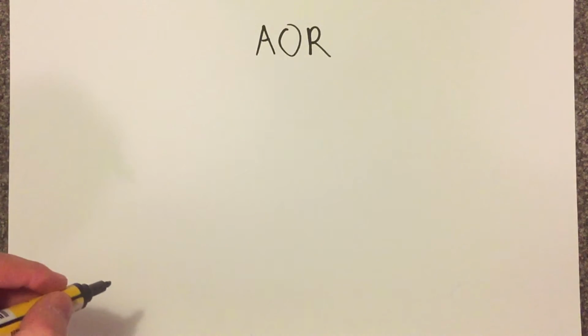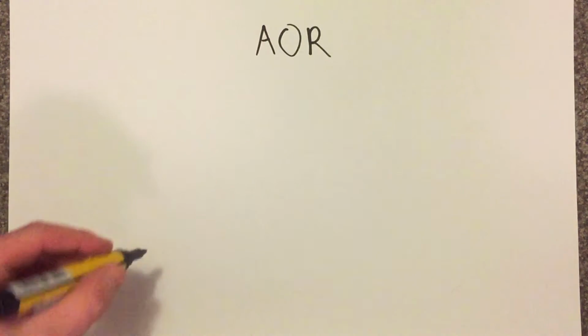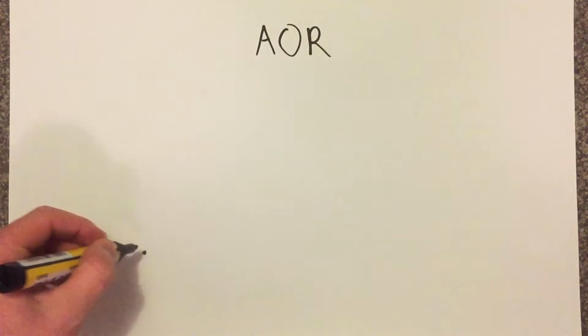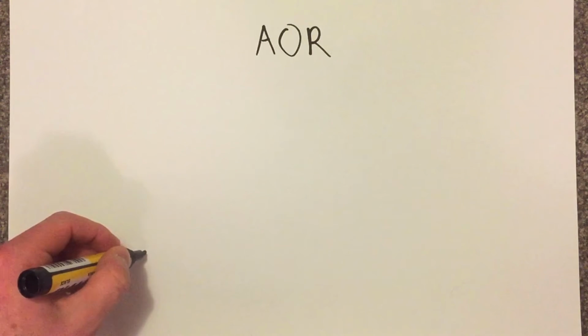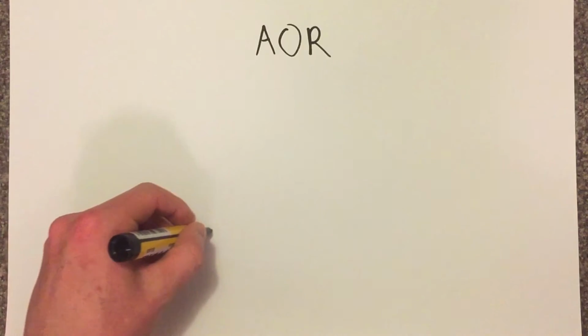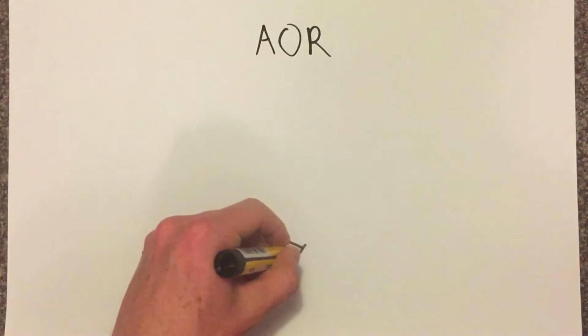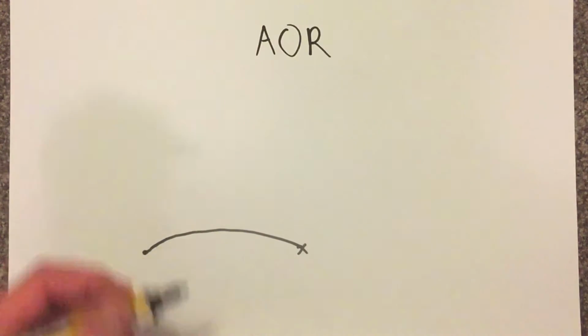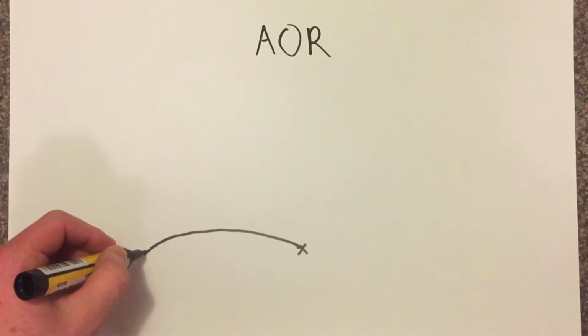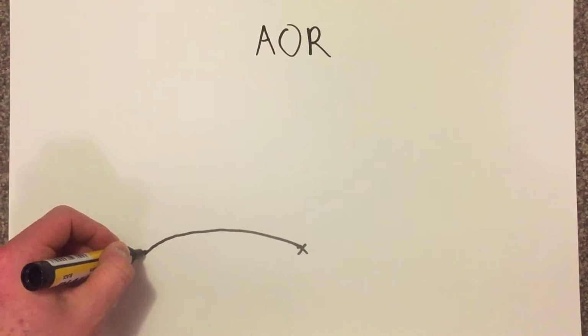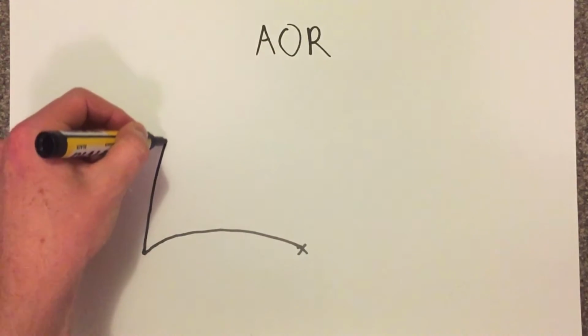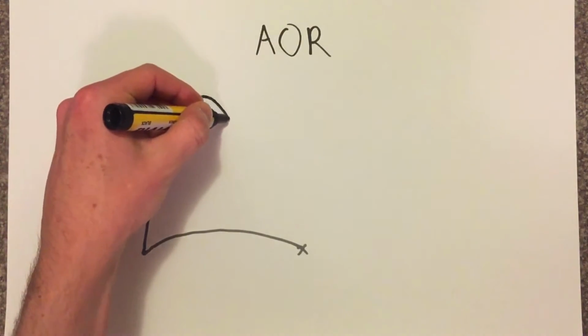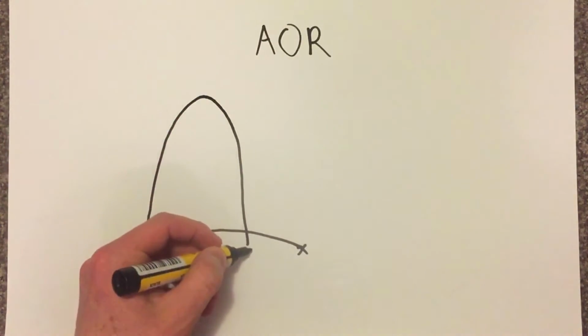So we can visualize angle of release like this. Say we're starting at a fixed point here, and we have a low angle of release. The projectile will stay relatively close to the ground and hit the ground again pretty soon, won't have a lot of flight time. However, if we have a very, very high angle of release, then the projectile is going to go up and come down.